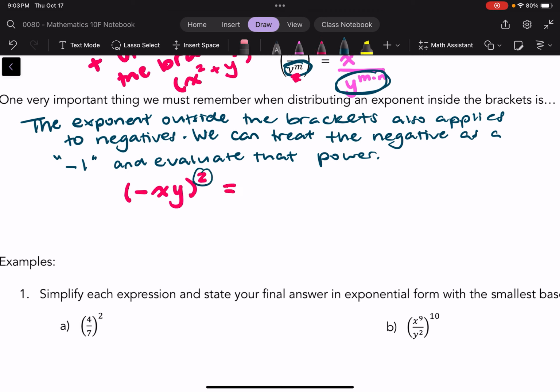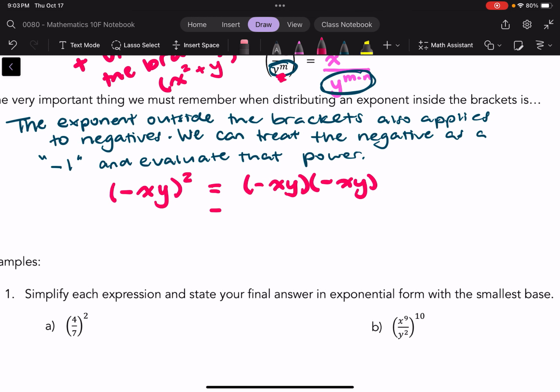So way number 1 means repeated multiplication. Since this exponent of 2 is immediately next to the bracket, it applies to the whole entire bracket. So that (-xy) in brackets is repeating twice. When I do this, I have 2 negatives multiplying together. A negative times a negative will result in a positive.